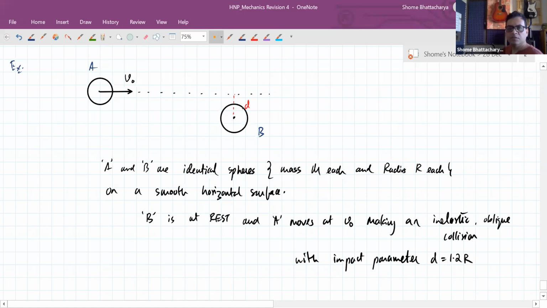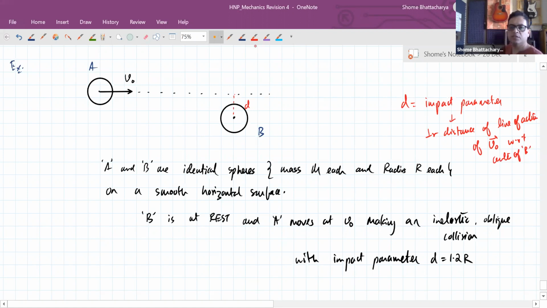So impact parameter means basically the perpendicular distance of the line of action of that velocity vector V naught with respect to the center of the body B. That is called the impact parameter.